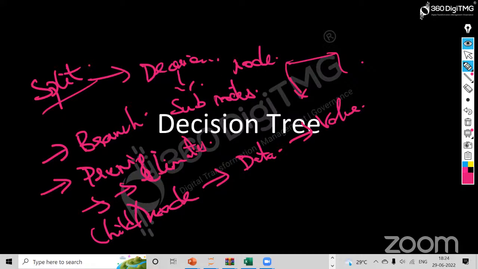So where does it start? Right from the root node, right? And then based on that, it will get divided. It will get into the sub nodes, or subsets. And then the decision tree gets started.